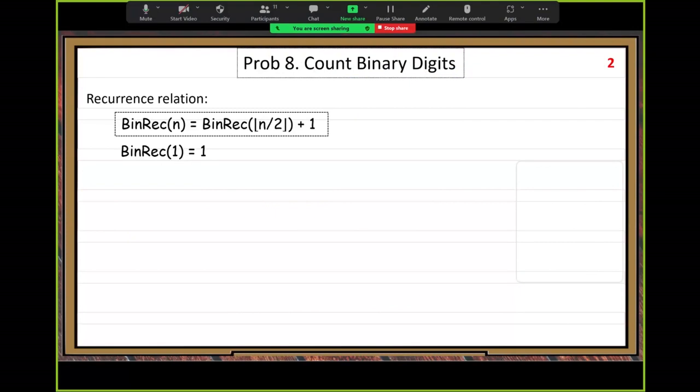Now, the last step: we need to solve this recurrence relation mathematically. I just talked about writing a computer program to find the answer of this recursive function. But another way, we can solve it mathematically. We can find a concrete math formula for this recursive function.